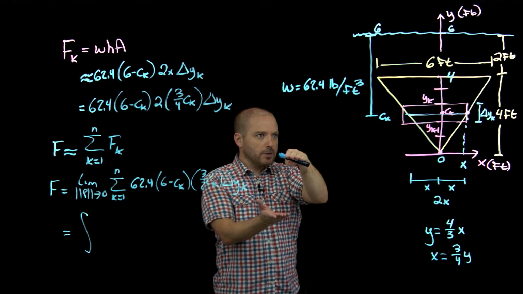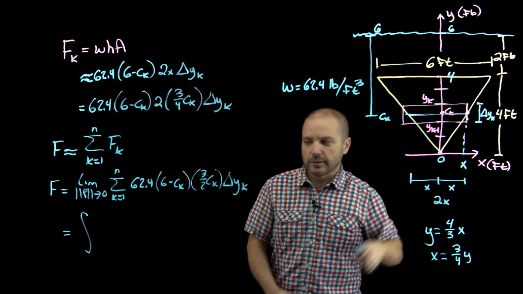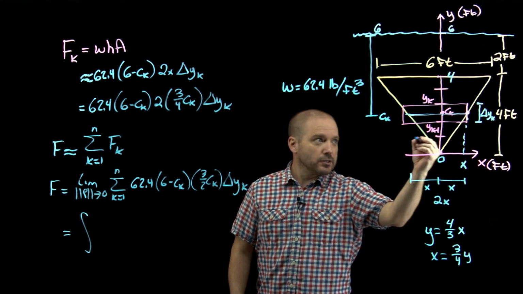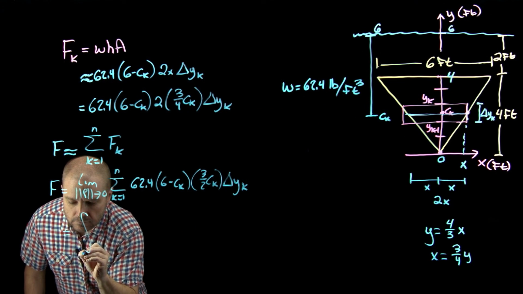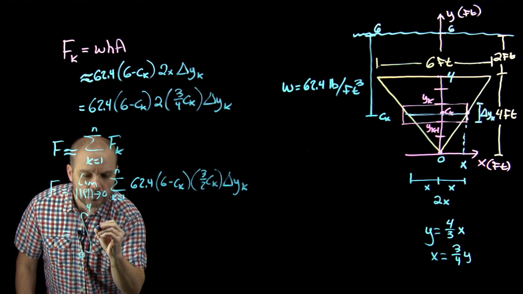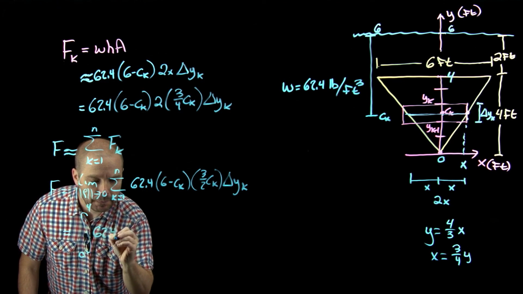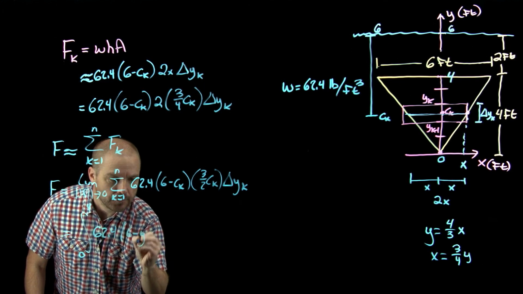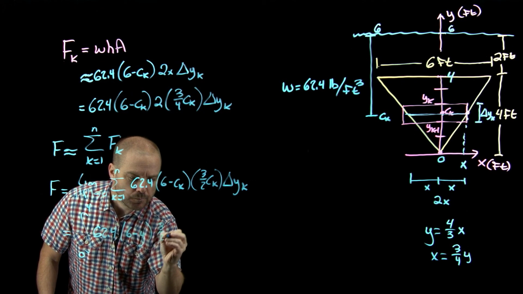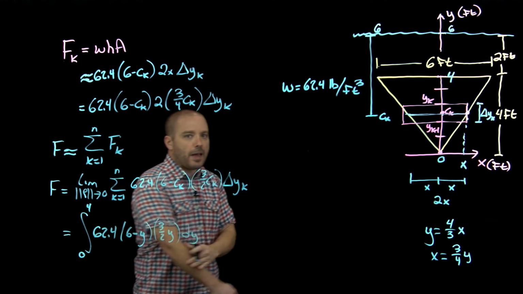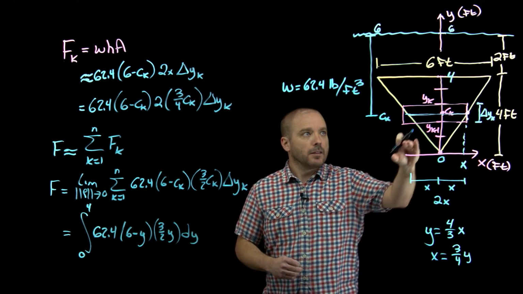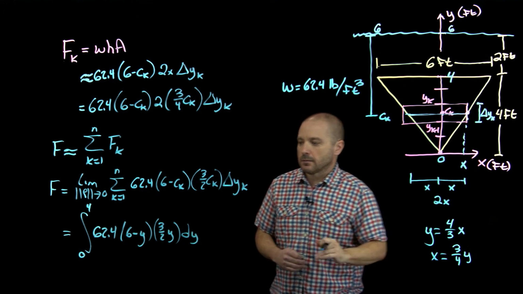Wherever you've made that partition, that interval is your interval of integration. So we partitioned the plate from 0 to 4. And that would be our integral then for the force on this plate.